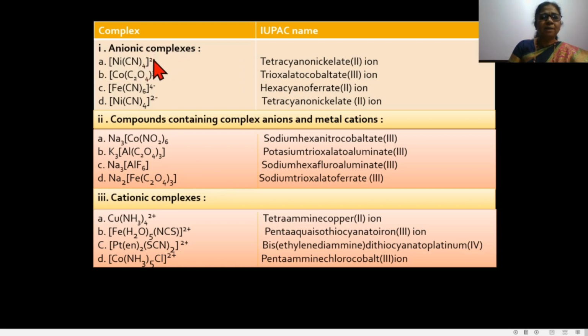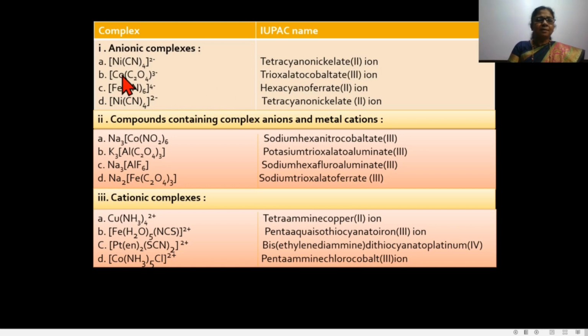That means they have a negative charge. If anionic, then the central metal ion takes the "ate". Then how many ligands are there? Four. Which ligands? Cyanide. These are negative ligands. Therefore, write tetracyanonickelate(II) ion. In this way.